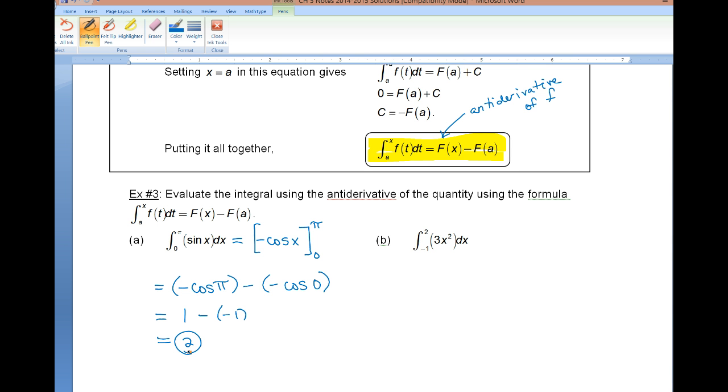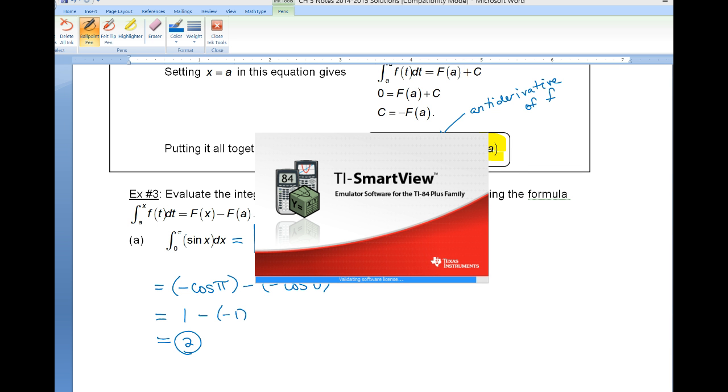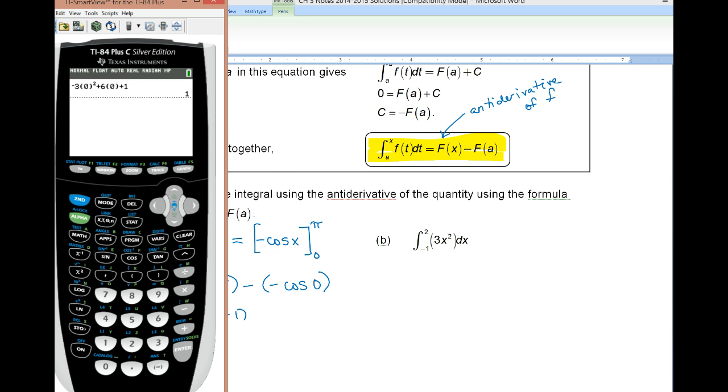Isn't that cool? So we can actually go on our calculator. Did I show you how to check this on your calculator? No, you should tell us. First of all, if you're working with sine and cosine, just make sure your calculator's in radians. If you go to math and then number 9, it shows up with the integral.